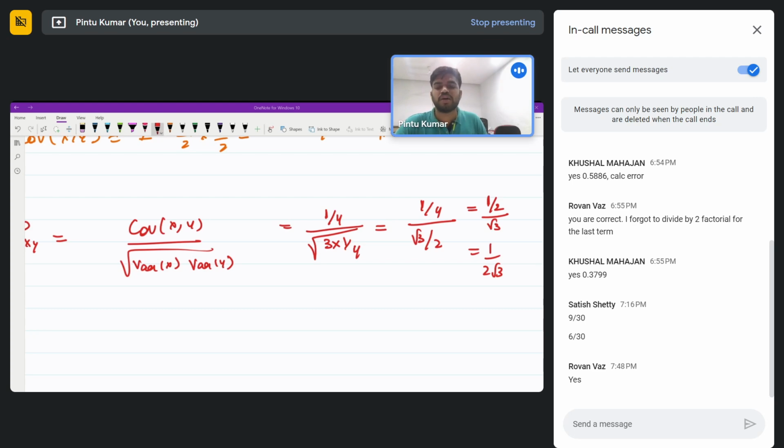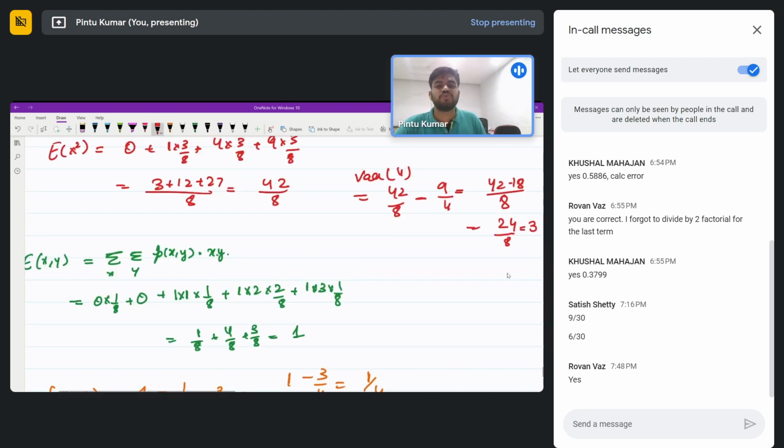I think I have made some calculation mistake there, but this is how you should apply it.